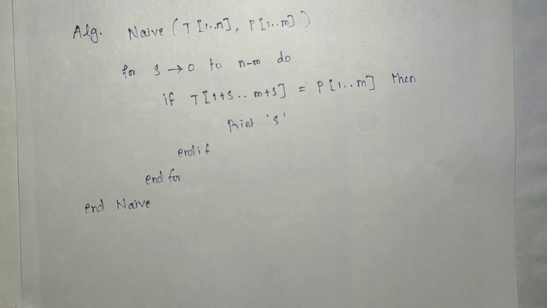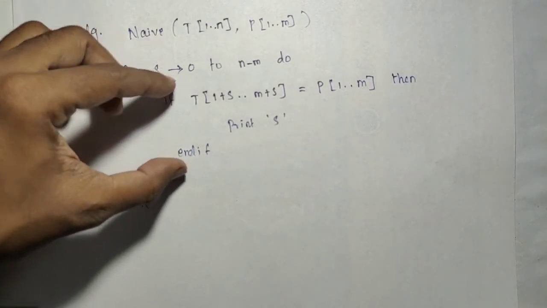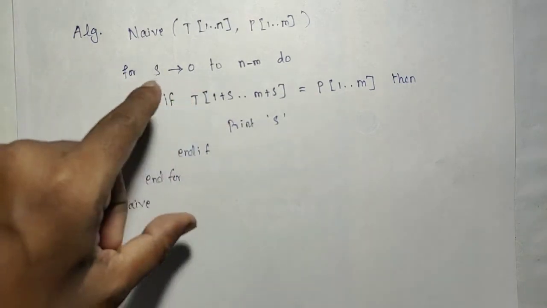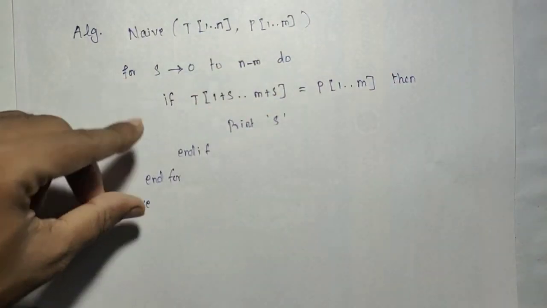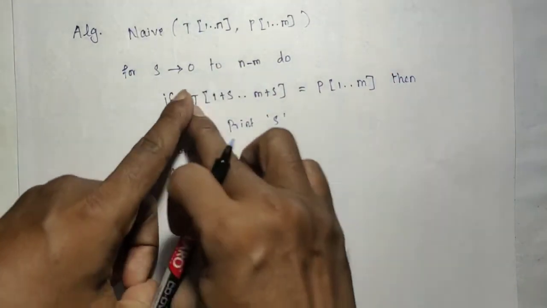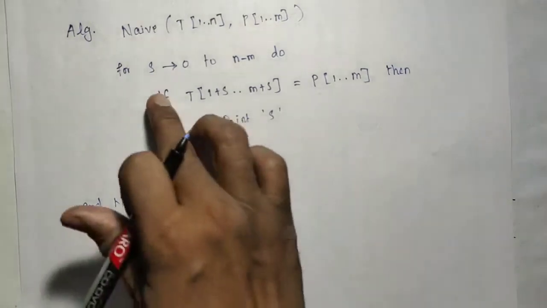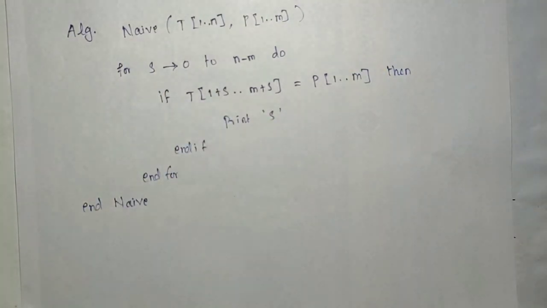Next we will move to the Rabin-Karp algorithm. This is similar to the naive one. Here the character by character comparisons, that is O of m comparisons, are done depending on some condition. If needed you compare, otherwise you don't. Like that we are going to restrict it, and for that we apply some methodology. In this case you can do the comparison, so it is possible to obtain the string.